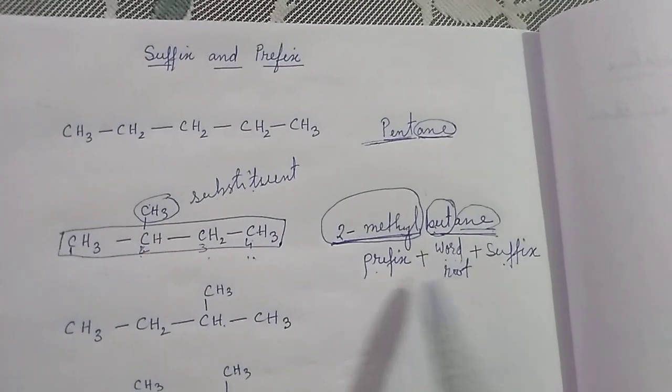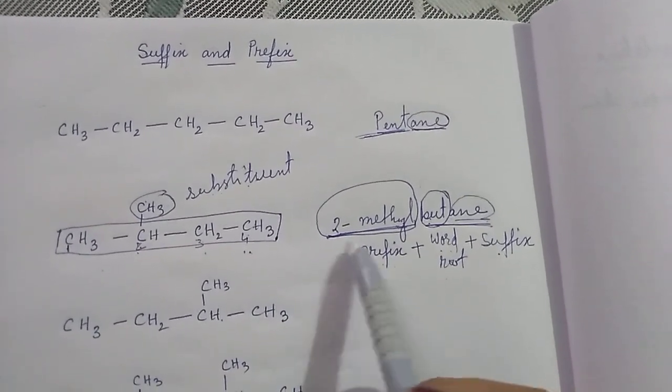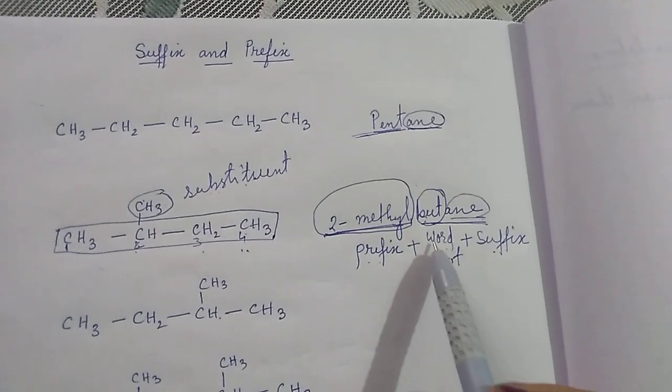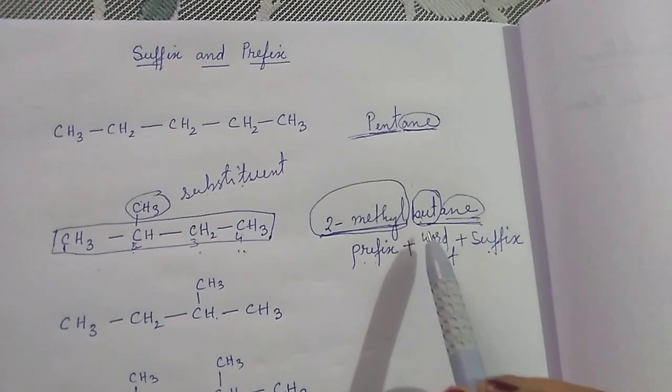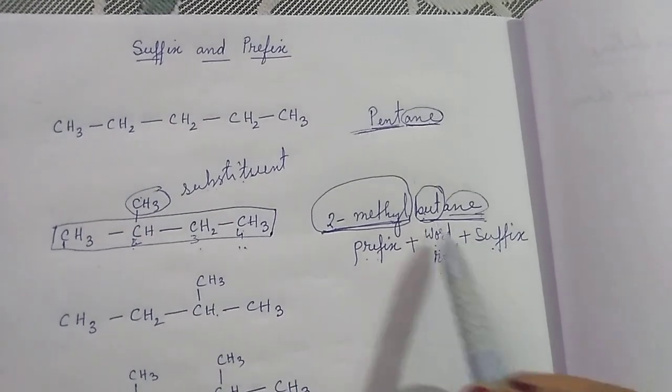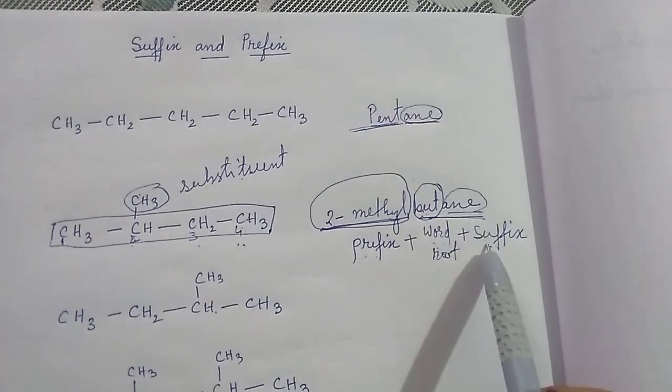Whatever we write before the word root is your prefix. Word root means the number of carbon atoms, and according to that we give the name. Then suffix means what follows the word root.